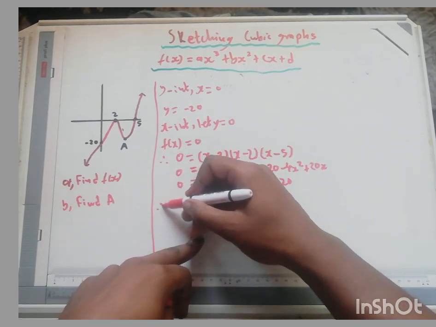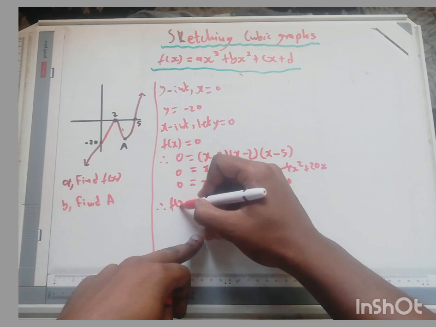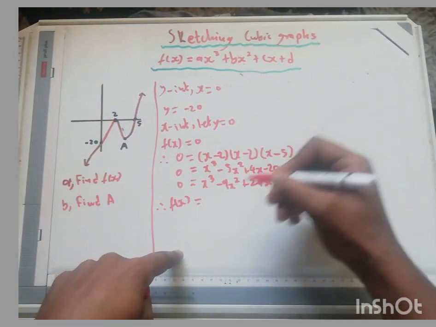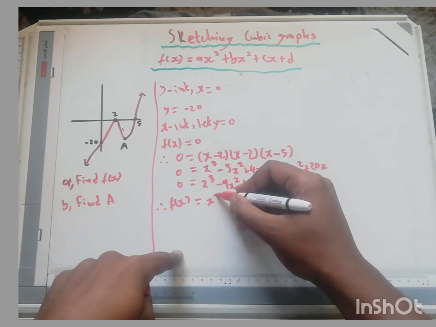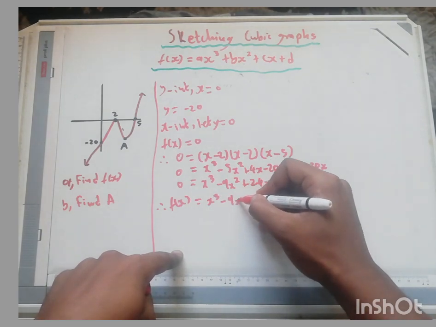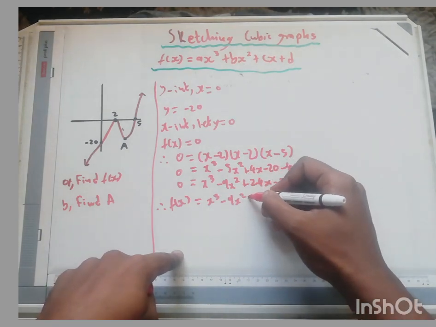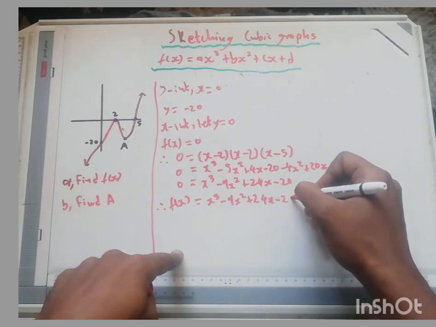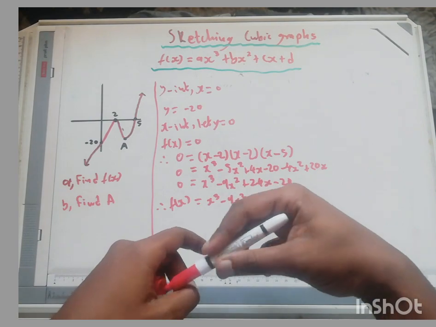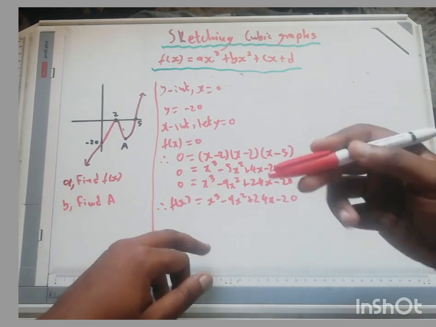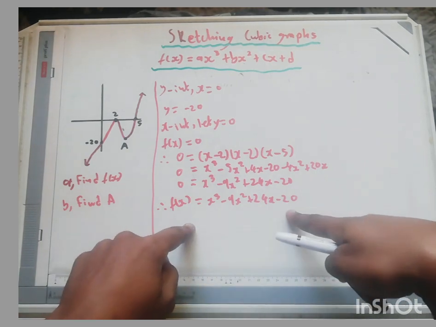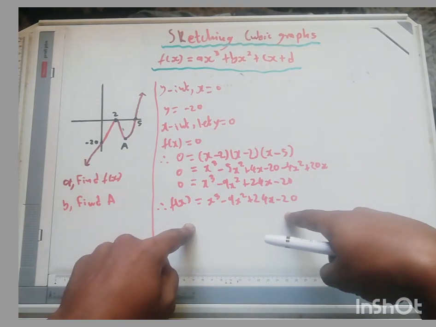Therefore, it means that f of x, which is the equation of this graph, is actually what? It's actually x to the 3 minus 9x squared plus 24x minus 20. And if you were to double check it to see if you're correct or not, remember, if you let x be equal to 0 here, you'll be left with minus 20. So minus 20 is your what? Your y-intercept.